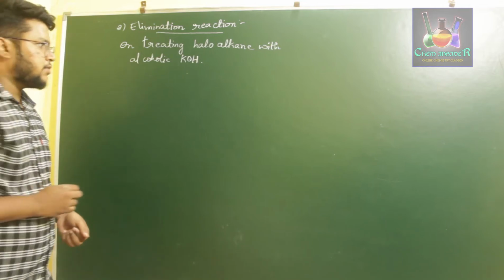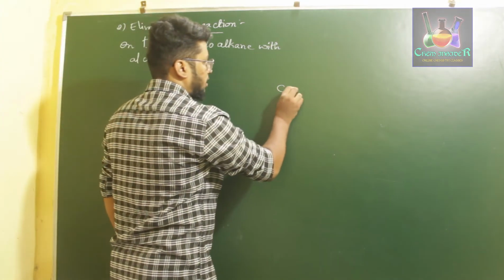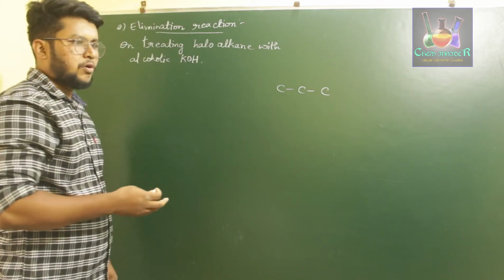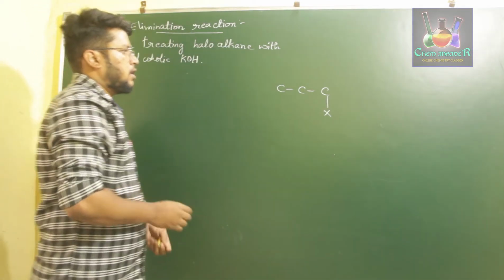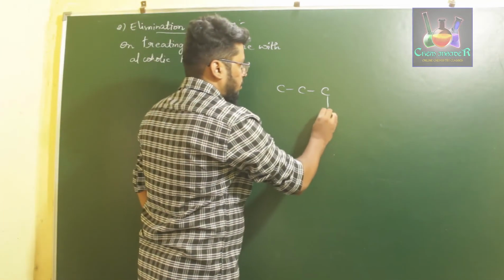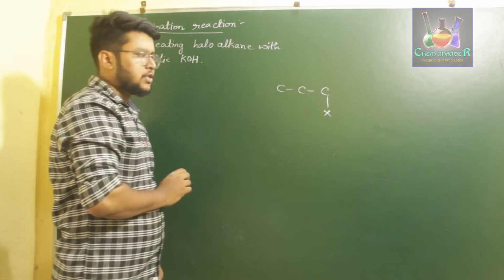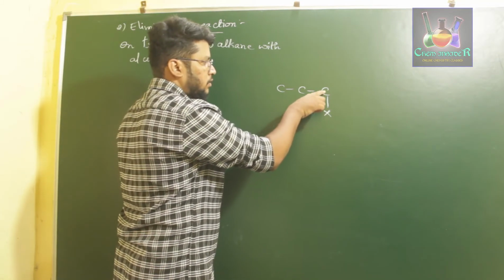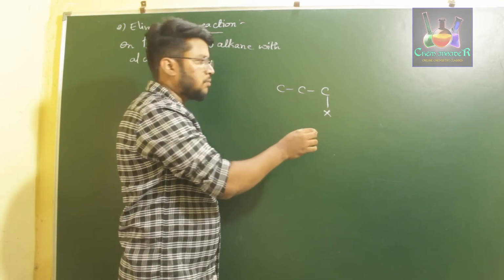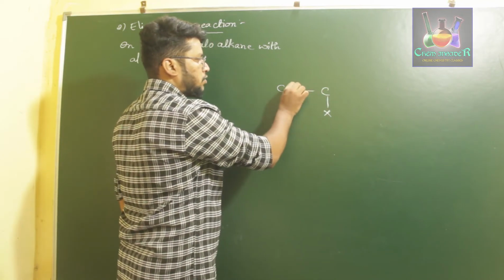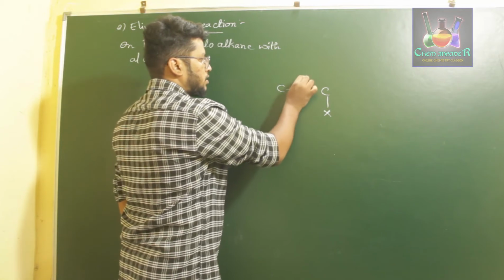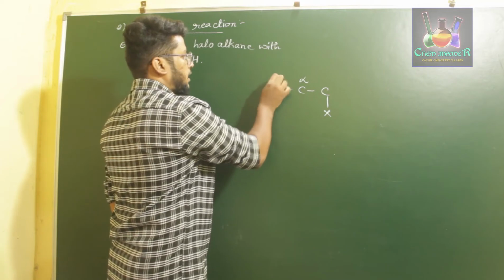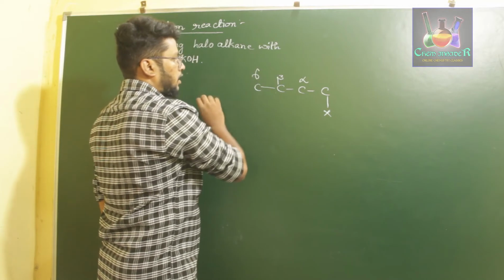So what is this alpha hydrogen? Whenever you consider a carbon atom of an organic compound attached to a functional group, let us say I have functional group X over here on this carbon. So the halogen is attached to a carbon atom, which is the halogenated carbon, and the carbon present next to it is called the alpha carbon, and the carbon next to the alpha carbon is called beta, and this carbon is called gamma.